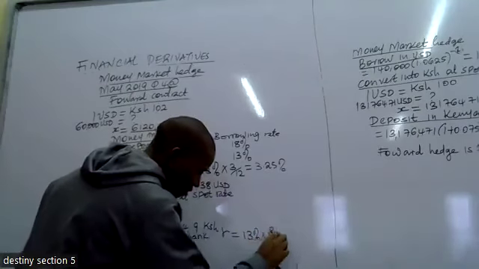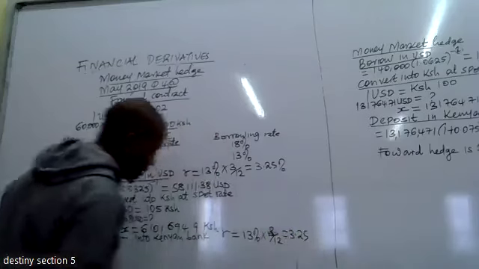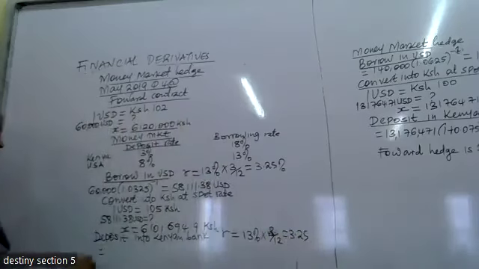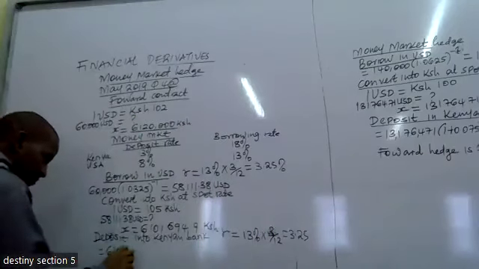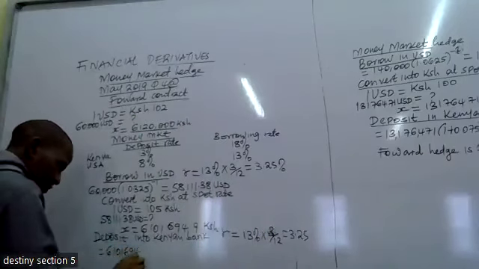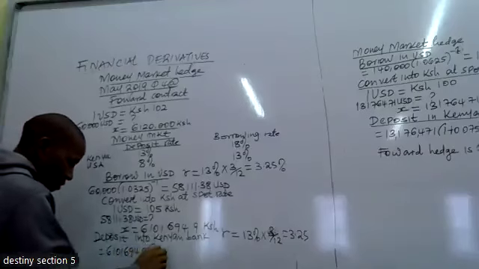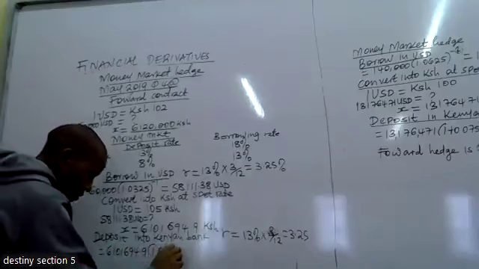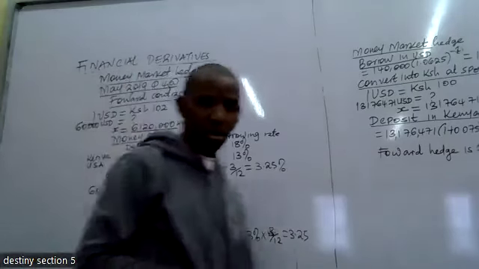So 3/12 will still remain as 3.5. So we said we look for the future. So it's 6,101,694.9 multiplied by 1.0325.